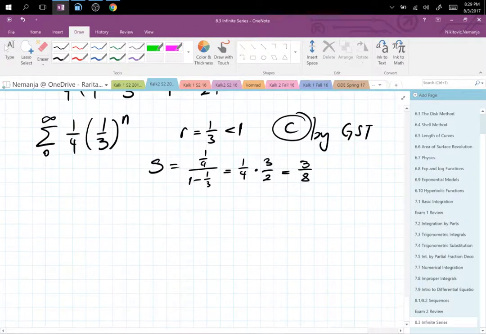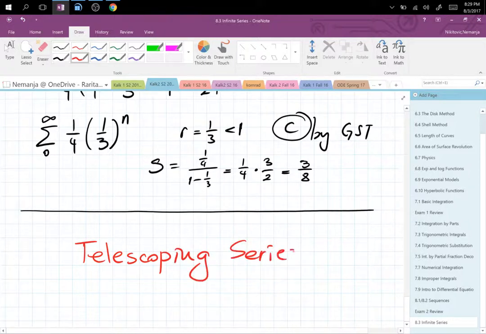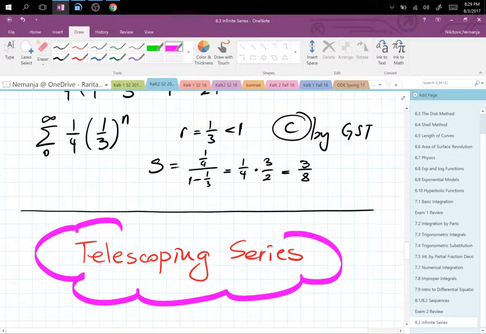Next test. They don't make a big deal out of this in a book. They should. Telescoping series. I just get to box that.